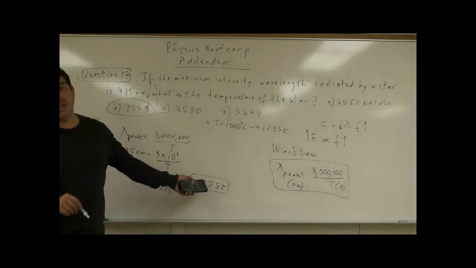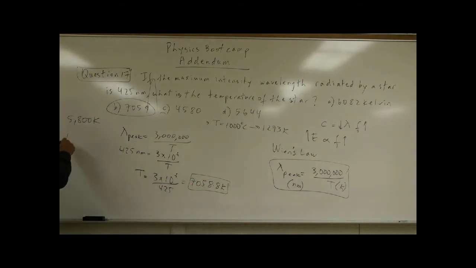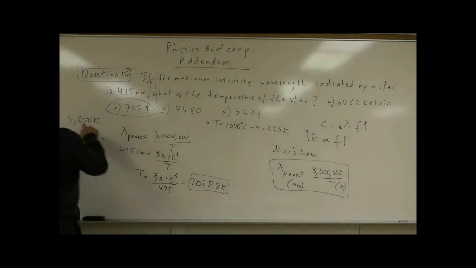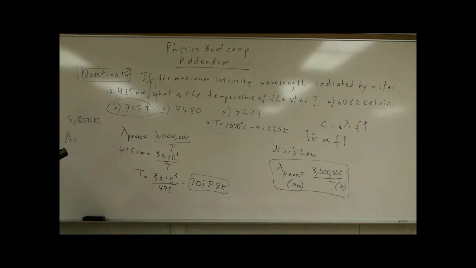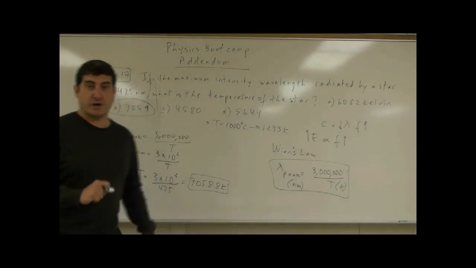Our sun is 5800 Kelvin, which is cooler than that. So what would its peak wavelength be? This time we can divide 3 million by 5800. 3 times 10 to the 6 divided by 5800, and we would get 517.2 nanometers. That happens to fall in the green range, green-orange range.